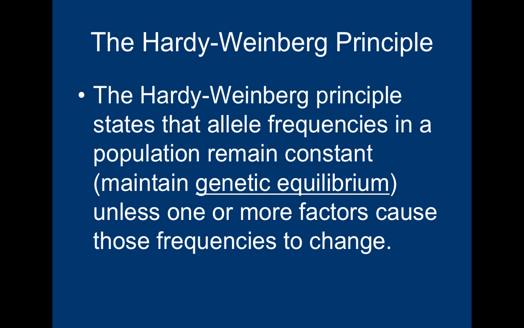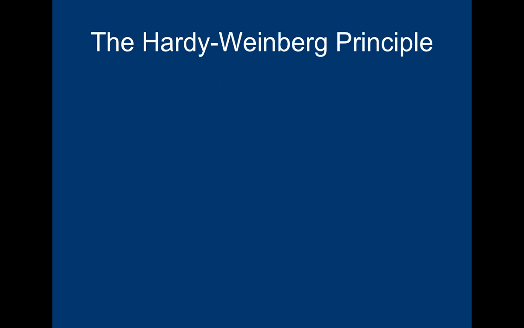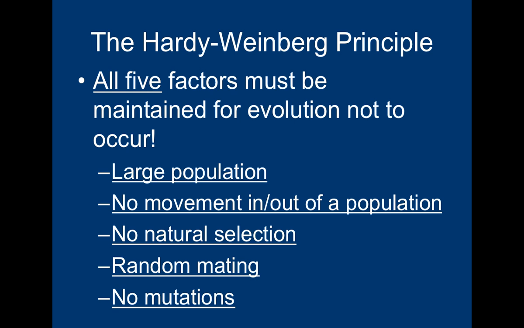So the Hardy-Weinberg principle states that allele frequencies in a population remain constant, in other words, they maintain genetic equilibrium, unless one or more factors cause these frequencies to change. In order for genetic equilibrium to be maintained, there are 5 things that must stay true.